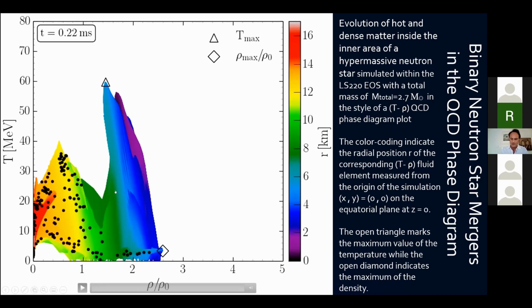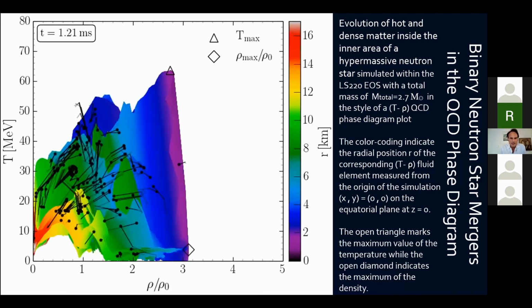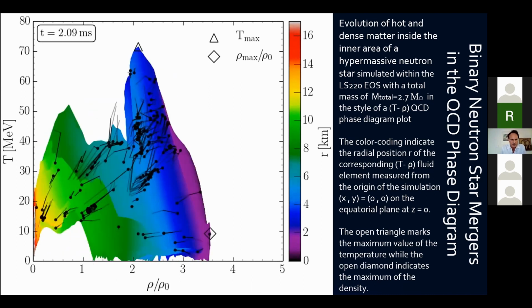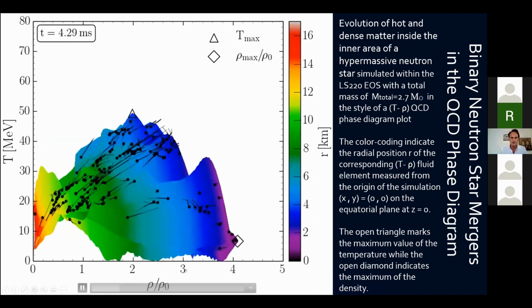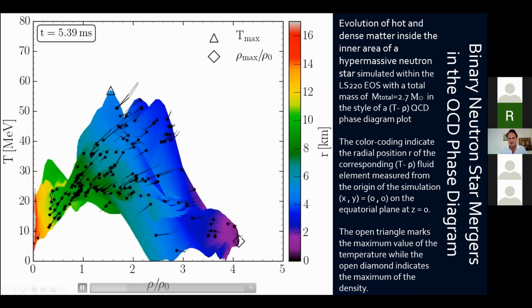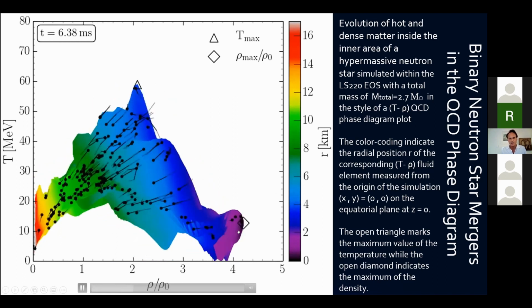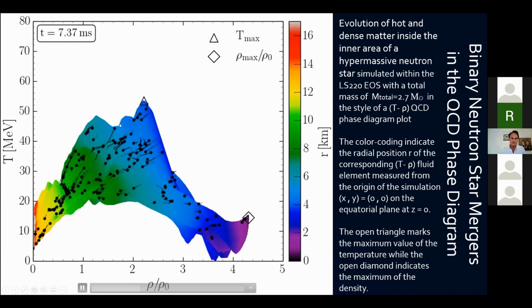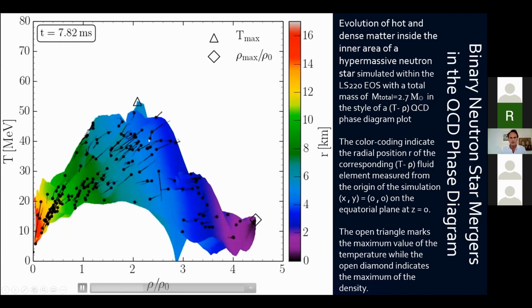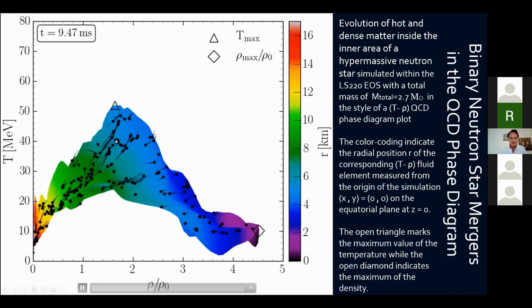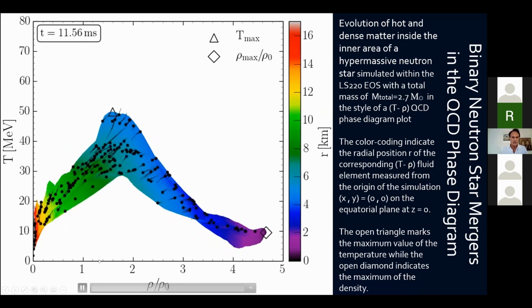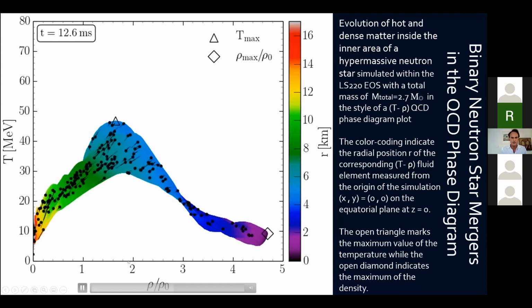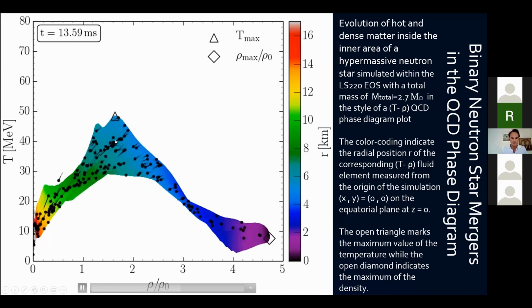So we look at the same simulation, and here we see this wild post-merger phase, and the tracer particles, what they are doing. Here you see that the interior gets denser and denser, but the interior is not so hot. But here you see this hot temperature ring, what we saw, which happened roughly at about 1 to 2 times normal nuclear matter density.